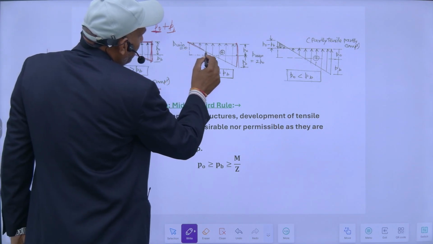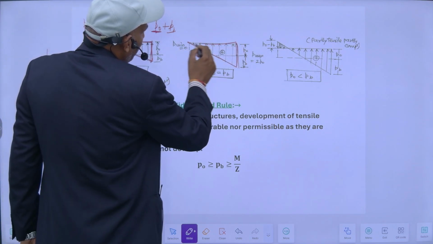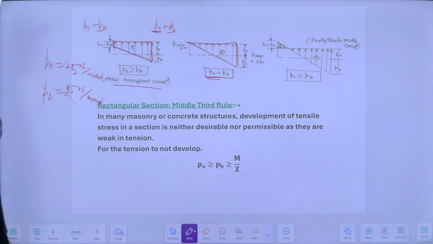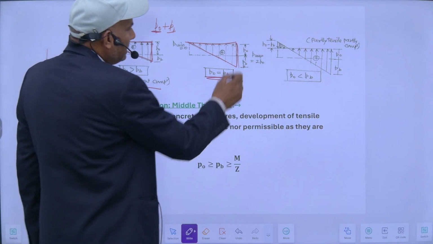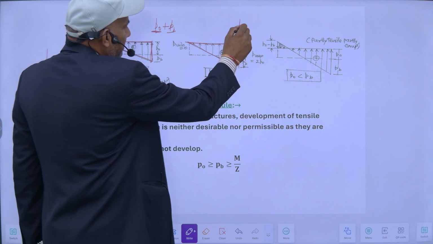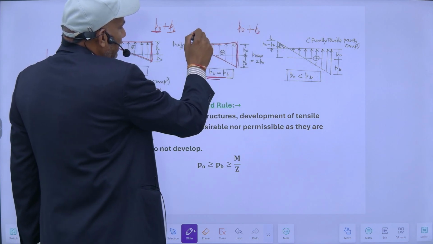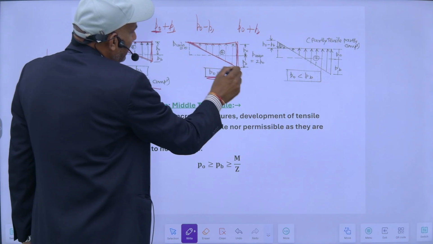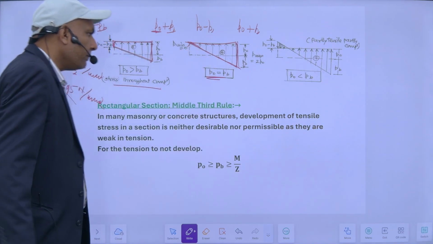So zero stress will be here. When direct and bending stresses are equal to each other, it is positive here, direct plus bending compressive, and here it is direct minus bending on the tensile face, so my stress here will be 0.